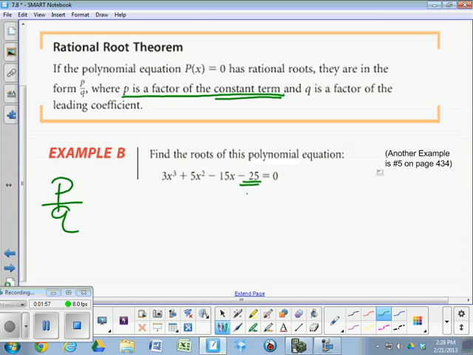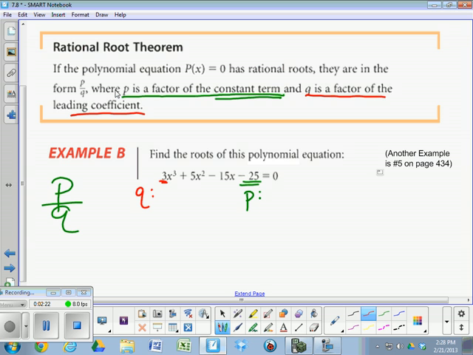So our list of candidates is going to come from P and its sidekick Q. Q are the factors of the leading coefficient. The leading coefficient is the coefficient of the biggest degree, 3. So the Q is going to come from the 3.